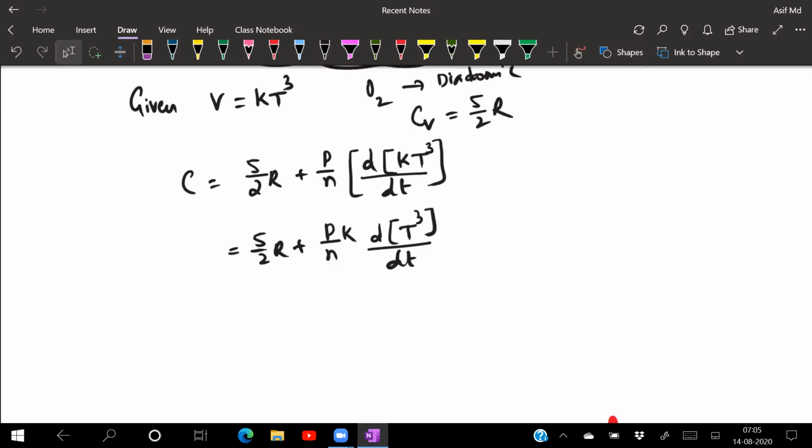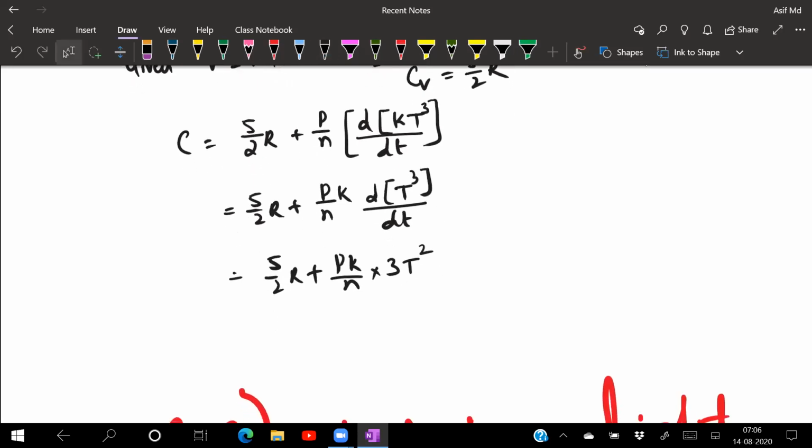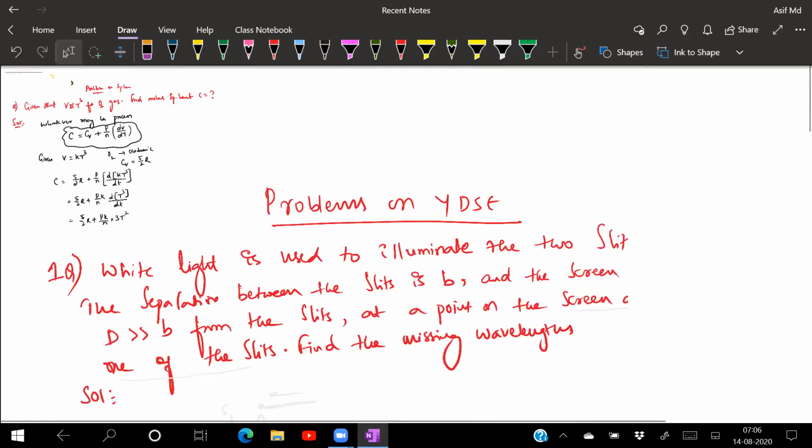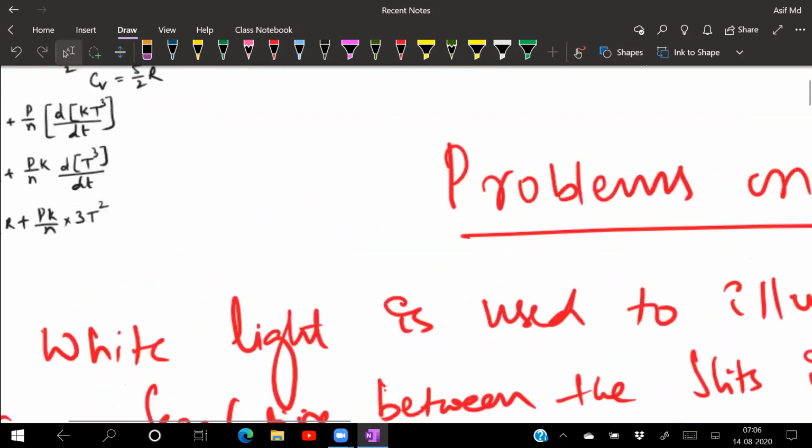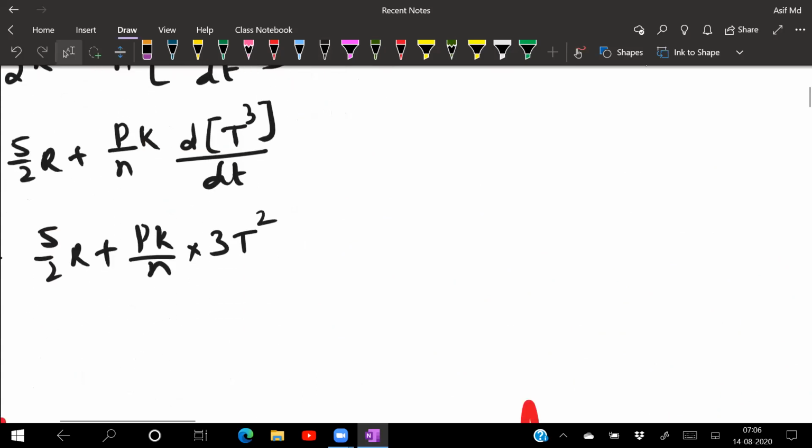Now, differentiation of T cube is how much, beta? Can you tell me? So this one is 5 by 2 into R plus PK by n into differentiation of T cube. It will be 3 into T power 3 minus 1, so this becomes 3T square.